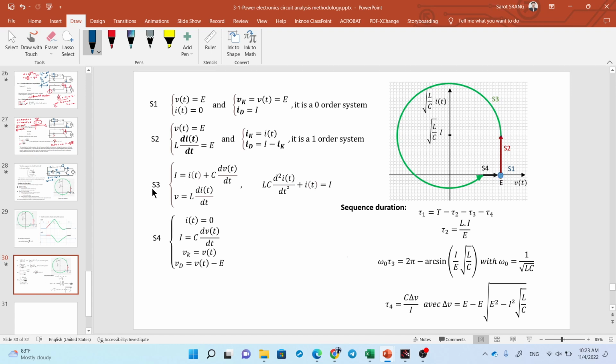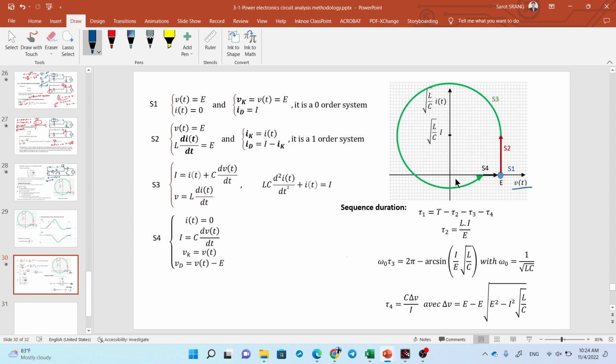Then it enters sequence 3, where we have the second order differential equation. I explained earlier that the relationship between voltage and I here is an ellipse. If you draw the relationship of V and I, but here the vertical axis is a scaled I, because of this scale the ellipse becomes a circle like this.